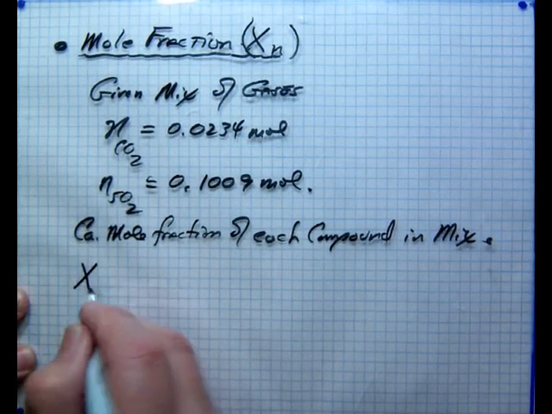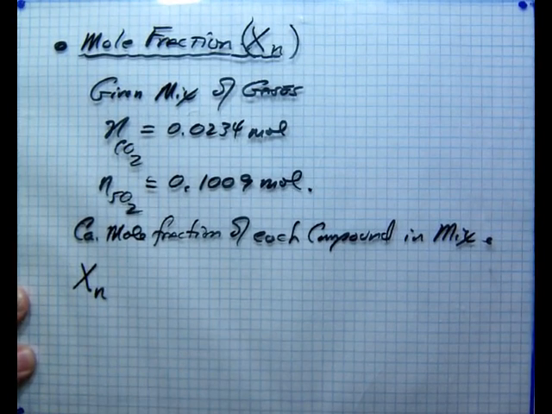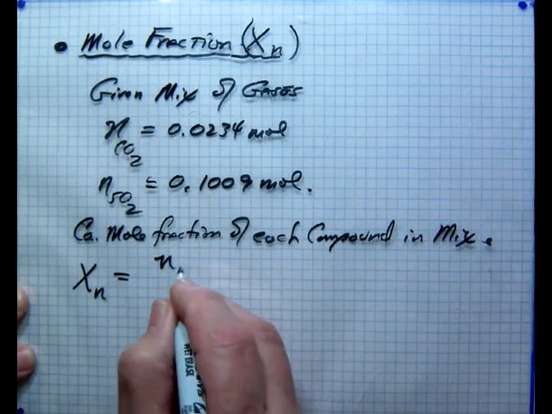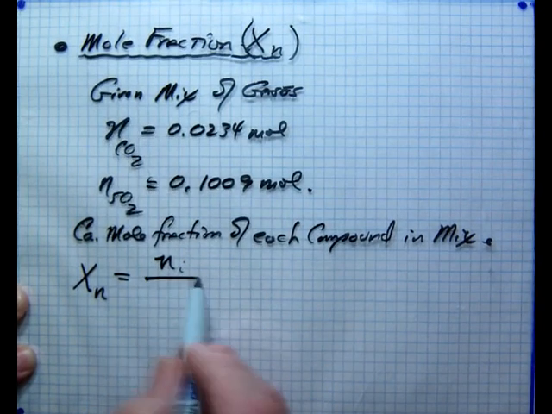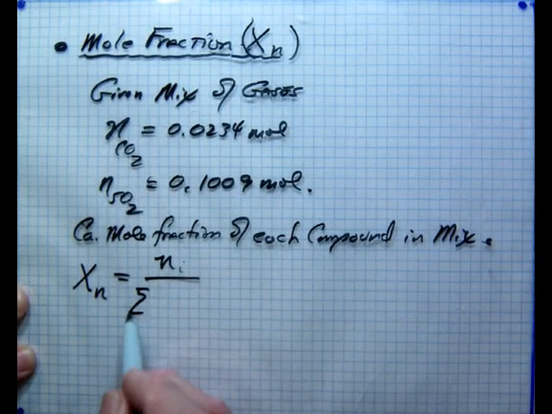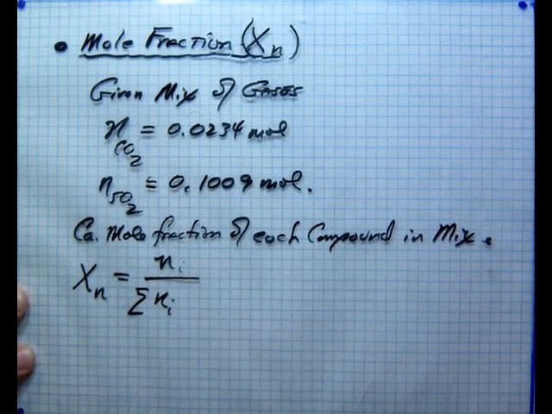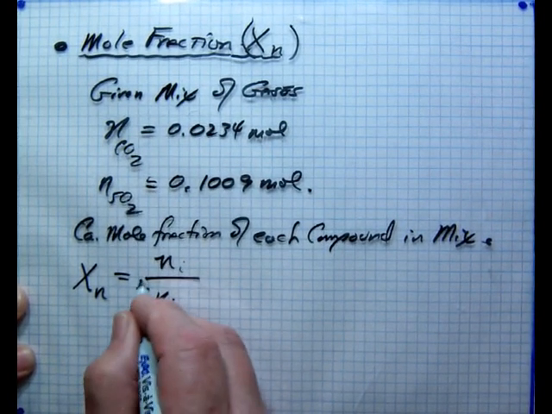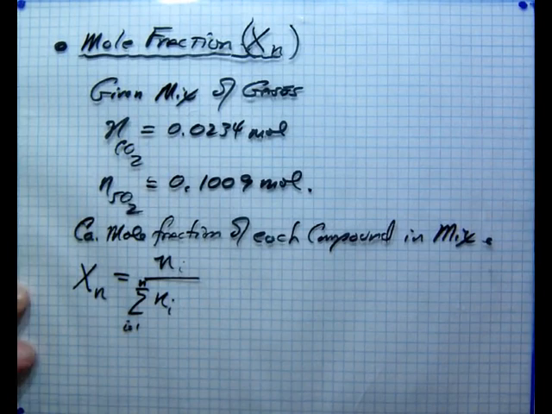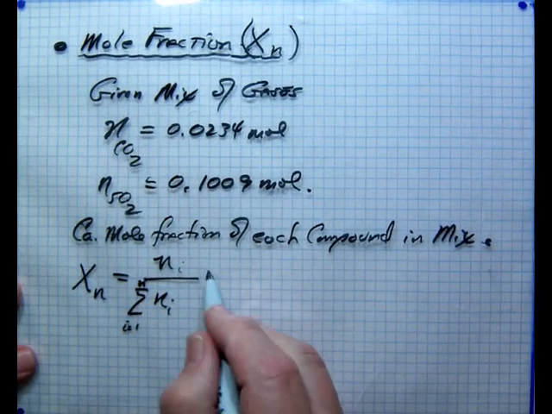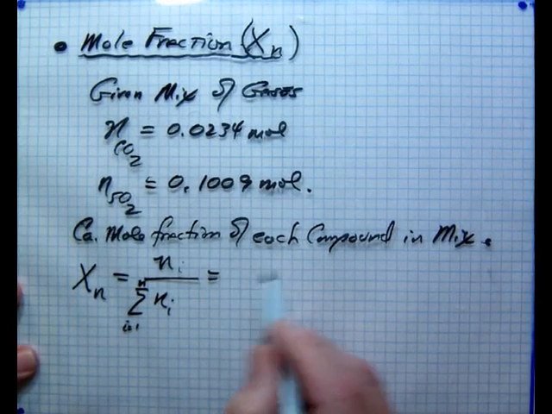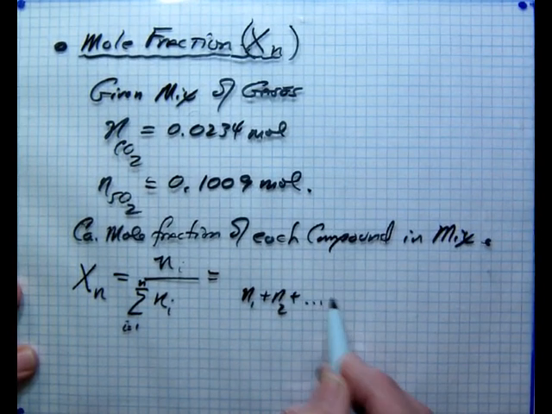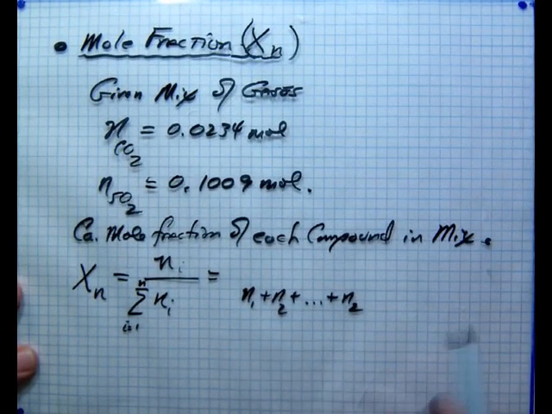So the mole fraction of an individual component is equal to the moles of the individual component divided by the sum of the individual moles from i equals 1 to n, just like we did with the partial pressures, which simply put is N1 plus N2 plus, all the way up to however many components.